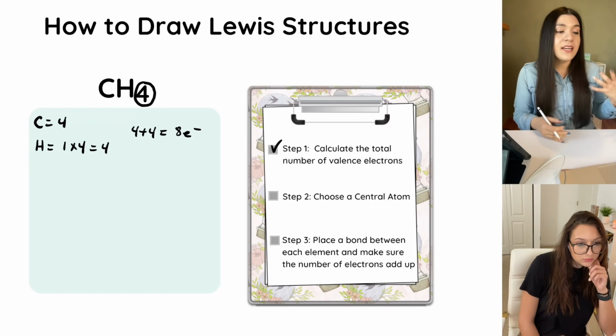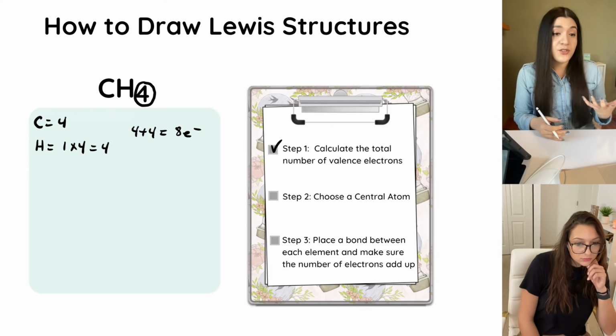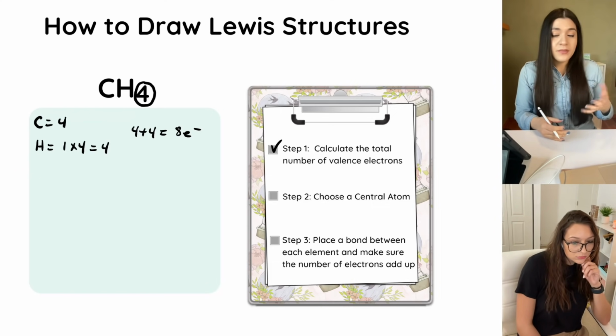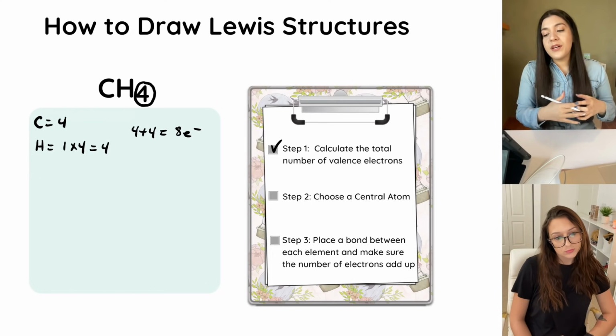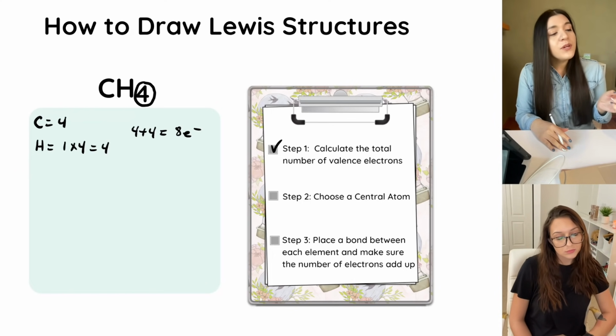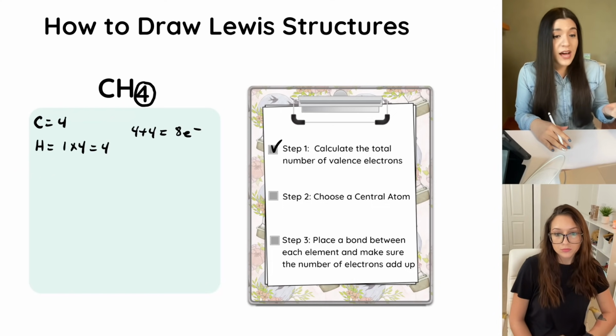The next thing is identifying which one is going to be the central atom. For the central atom, I know this one's kind of obvious because there are 4 hydrogens, so they have to surround the carbon. But just to note, carbon will always be the central atom if it is in the structure. Okay, so carbon, number 1, is always going to be in the center.